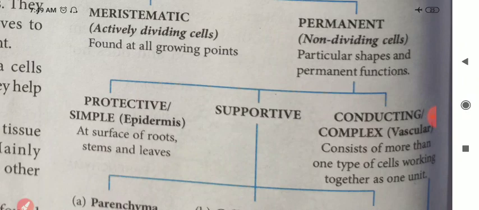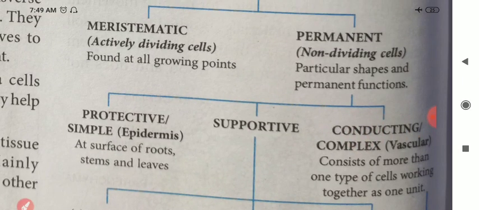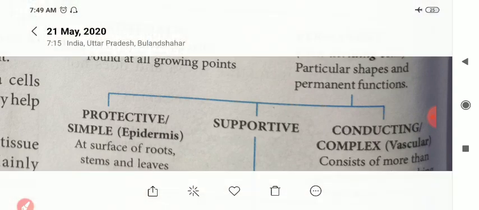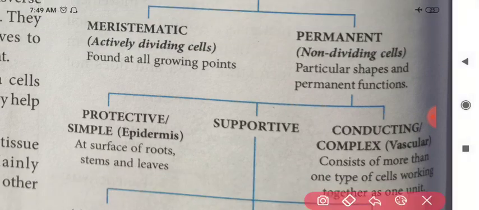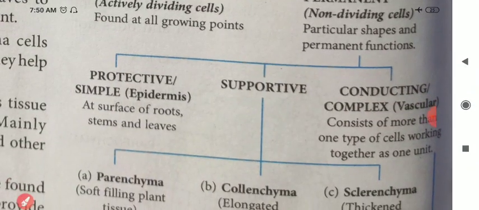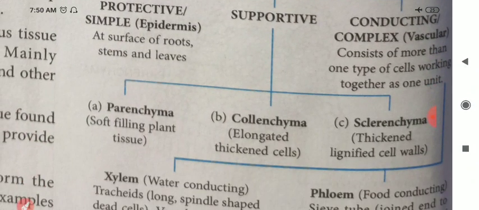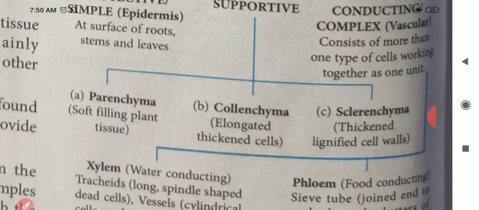Conducting and complex tissues are made up of more than one type of cell. Clear? Xylem and phloem come under this conducting complex tissue, as you can see in the diagram also.